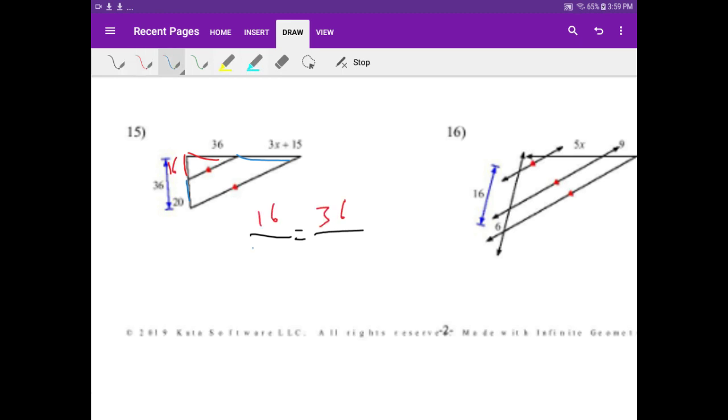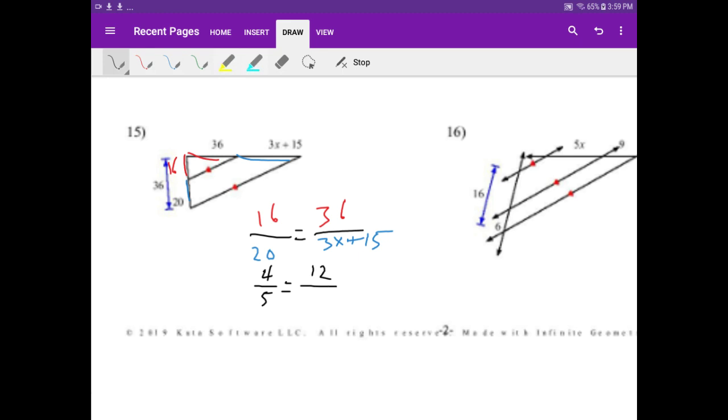Then the blues, this is 20, and this is 3x plus 15. I want to make this simpler myself, so 16 over 20 reduces to 4 over 5. So when I work this out, it's going to be 4 over 5 is equal to, this reduces also. Yeah, let's do that. 36 divided by 3 is 12.